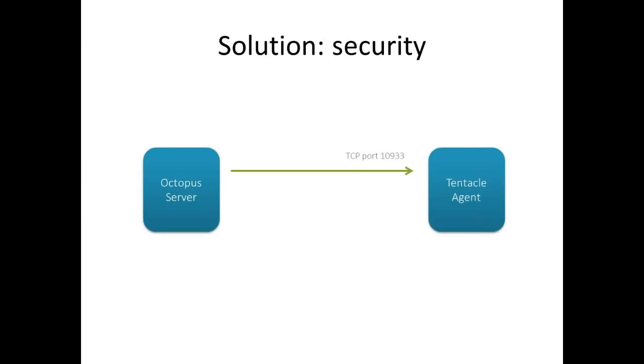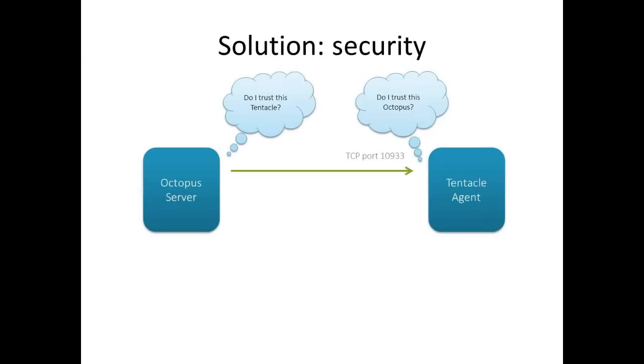Now in doing this, there are two critical security questions that both sides of this equation are going to be thinking about. The Octopus server is about to push up a package that has your code on it, it's got configuration files, potentially connection strings, and it's going to be pushing those to a machine. And it wants to make sure that that machine is the machine it expects and that someone hasn't done a man-in-the-middle attack and is intercepting your packages.